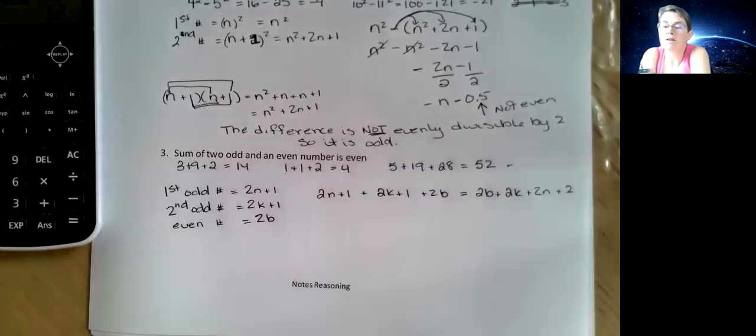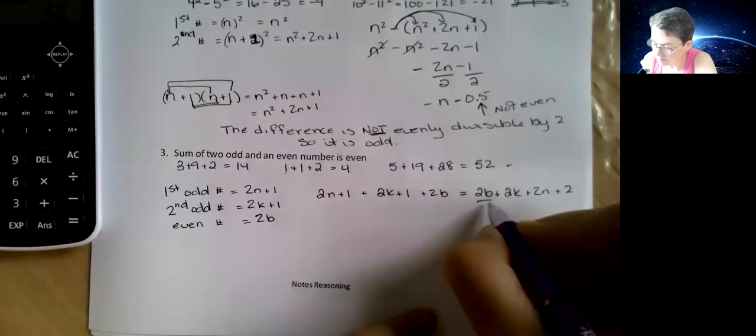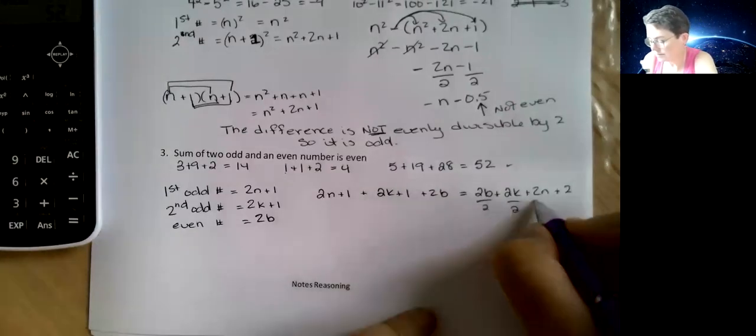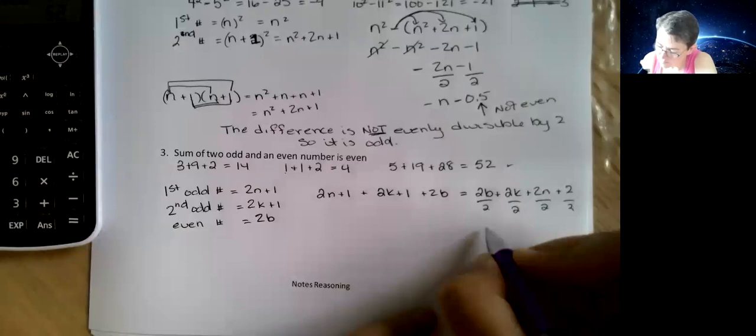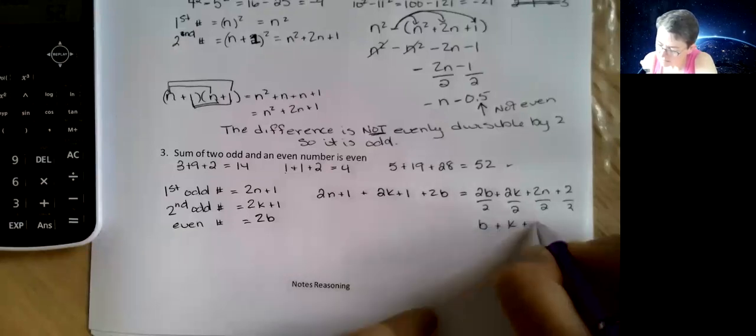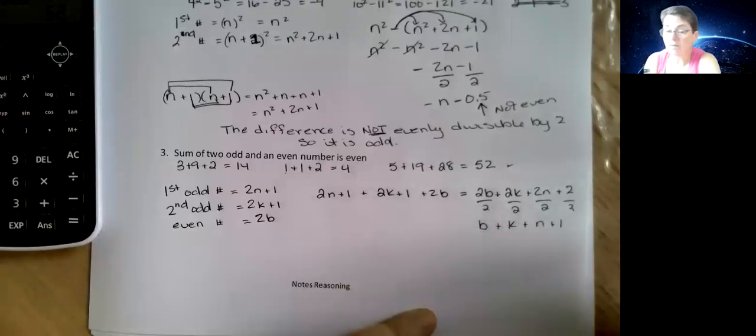You don't have to put it in alphabetical order, it's just best practice that everybody does. Now to see if it's odd or even, divide by 2. So b plus k plus n plus 1. So that worked lovely.